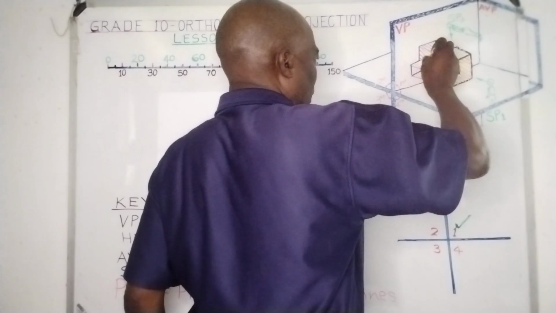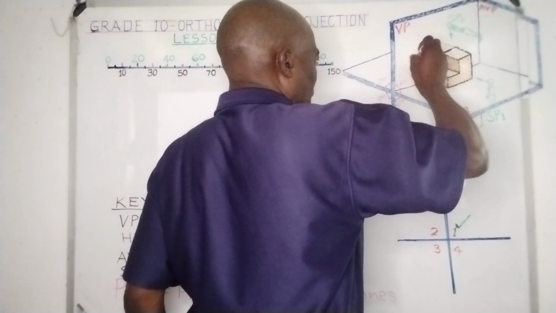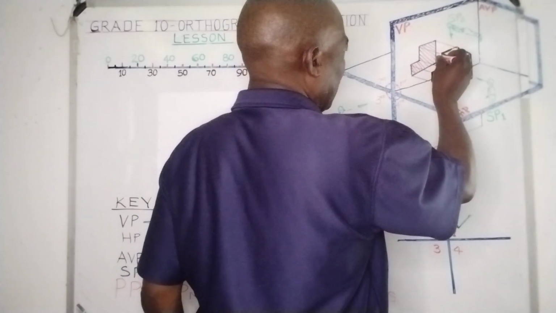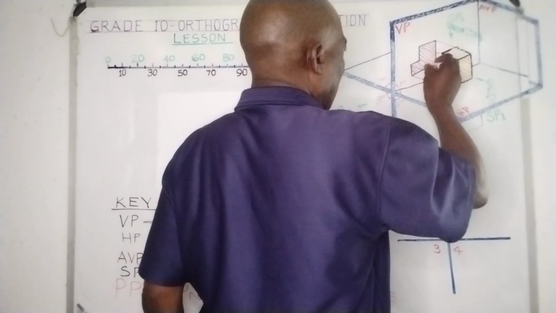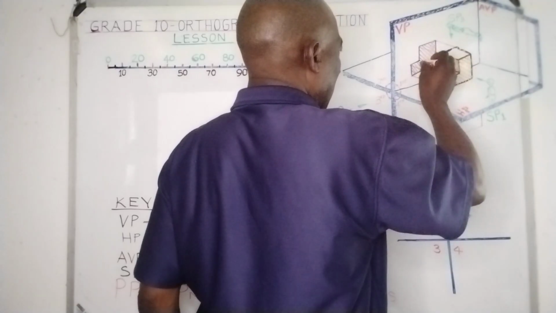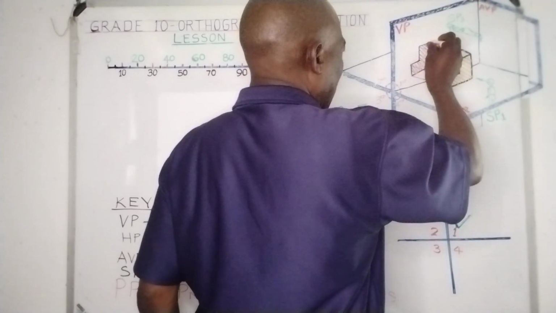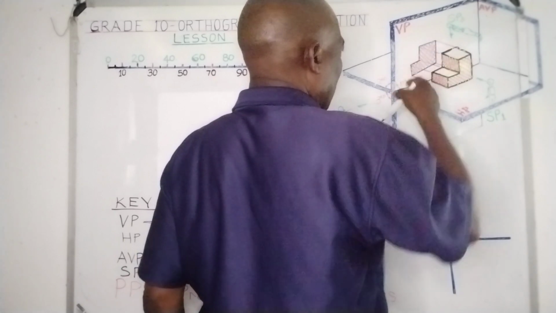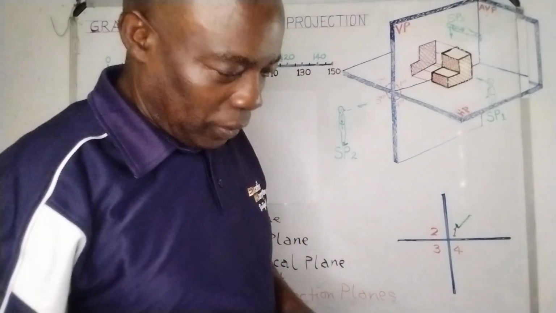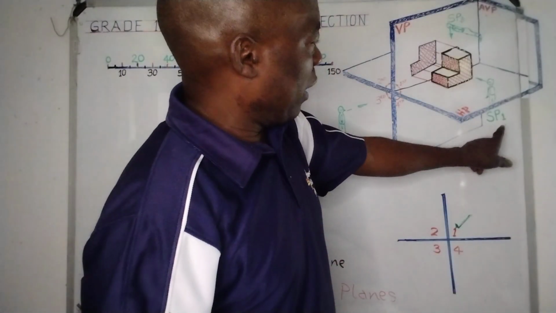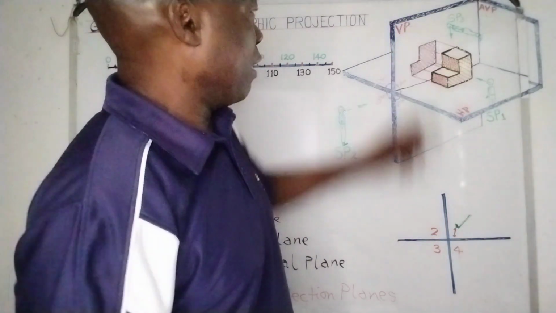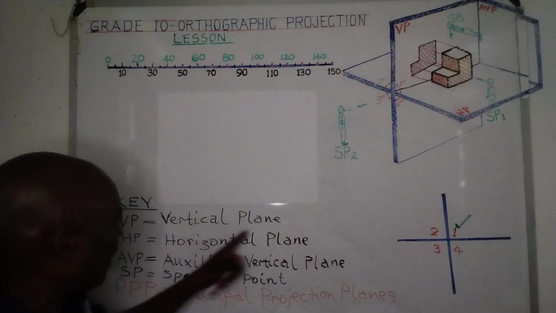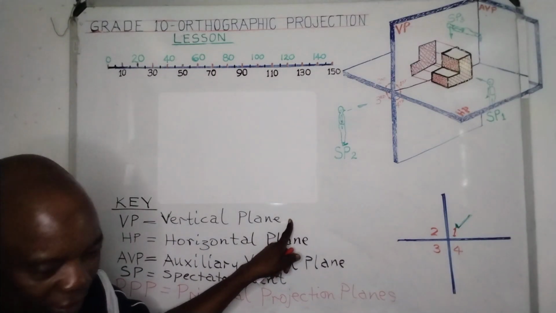So on the vertical plane, we project what is known as the front view. I'll put in brackets front view, which is abbreviated to FV. FV, front view. Now we've got our front view there.